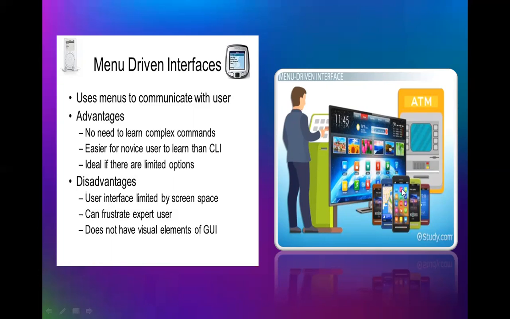Similarly, when you power on your mobile, many applications appear on your screen in the form of menus, and you have to select your interested application among them. So these interfaces are examples of menu driven interfaces.